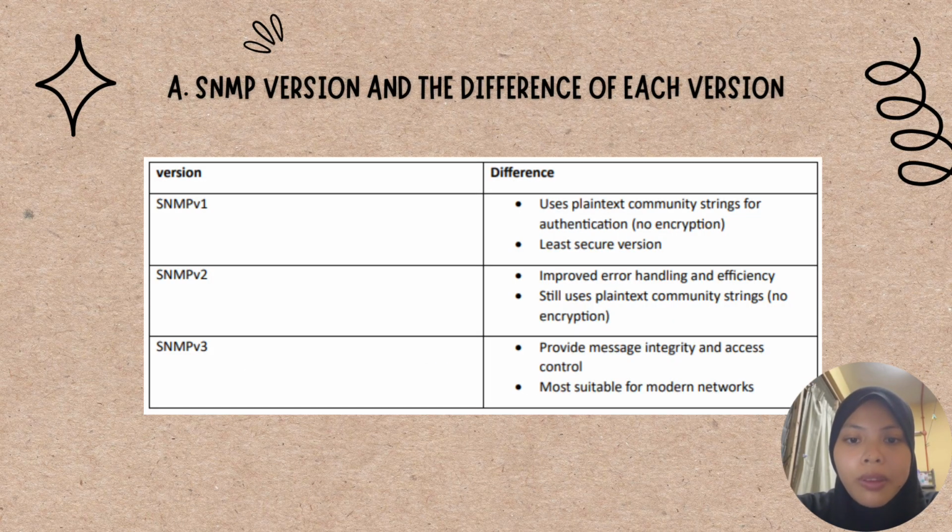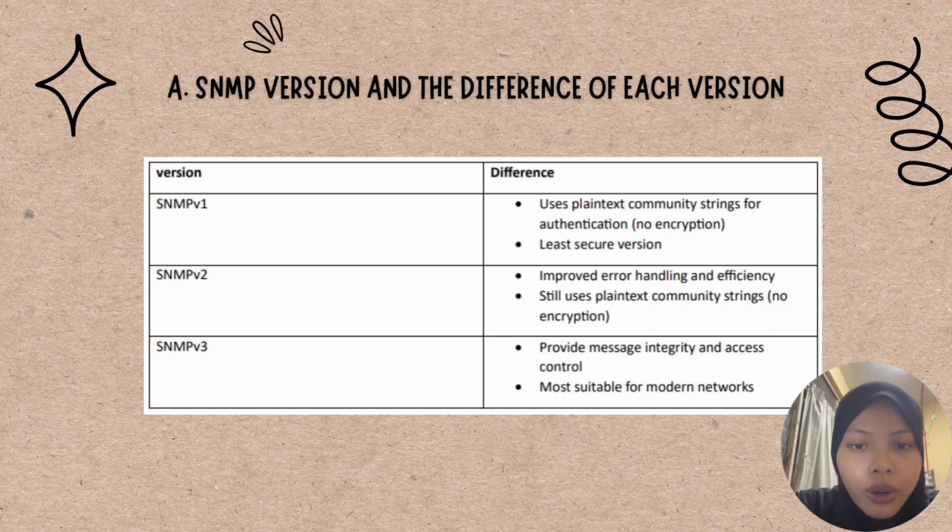Next, SNMP versions and the difference of each version. We have three versions of SNMP. For SNMP version 1, it uses plain text community strings for authentication, which means no encryption.